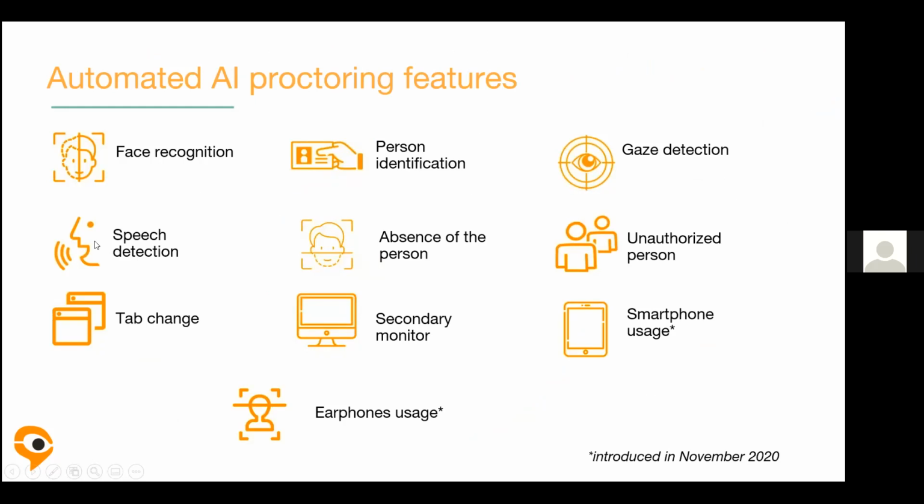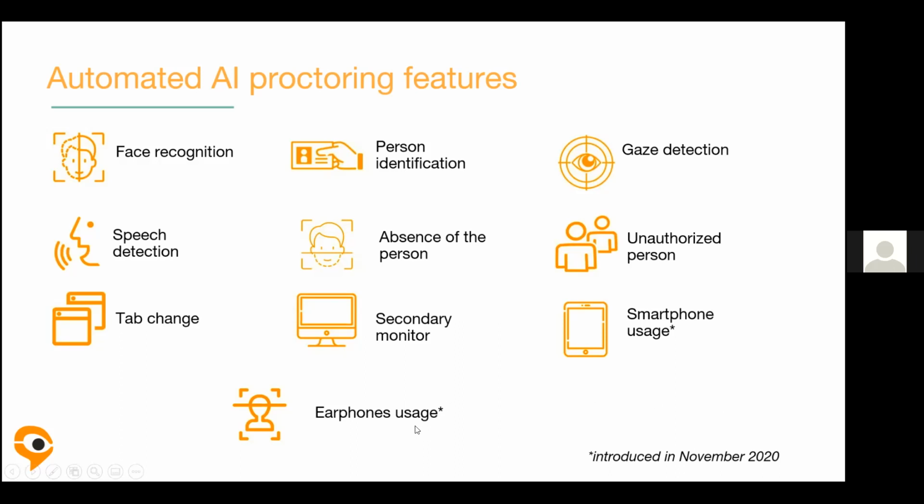It does microphone voice detection, so if your students are not doing an oral exam, if they are not allowed to talk while they are taking the assessment, then the speech detection will also be recorded. It can detect tab change, and if the user is trying to access some prohibited software, for instance. It can detect secondary display plugging in, smartphone usage and earphone usage.